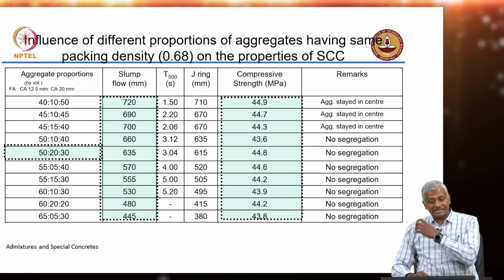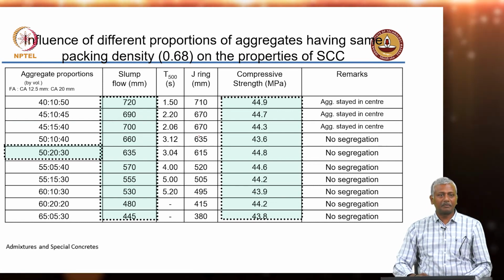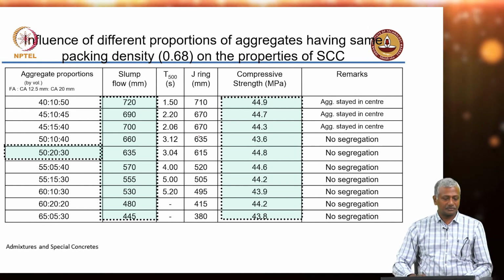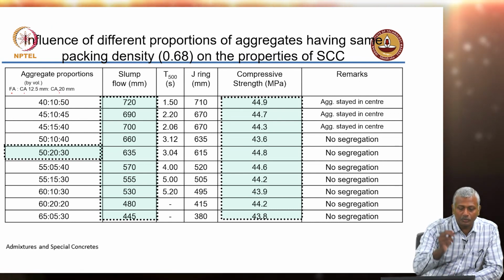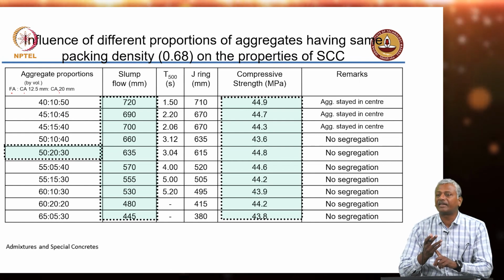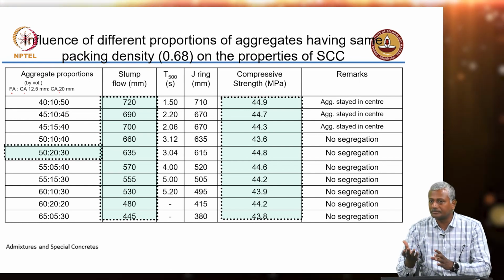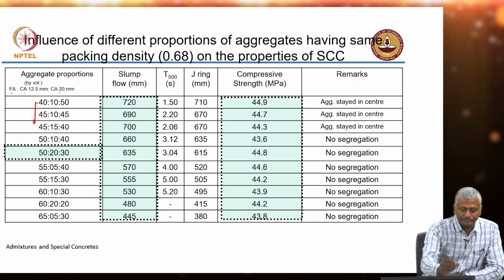Now, this exercise is what happens when you have the same packing density, but you have different combinations. Okay. So, you have different combinations of fine aggregate to coarse aggregate 12.5 to coarse aggregate 20. But as I said, self-compactability wise, you need to have fine aggregate content at least of 40%. So, we chose only those combinations where fine aggregate was 40 or above.